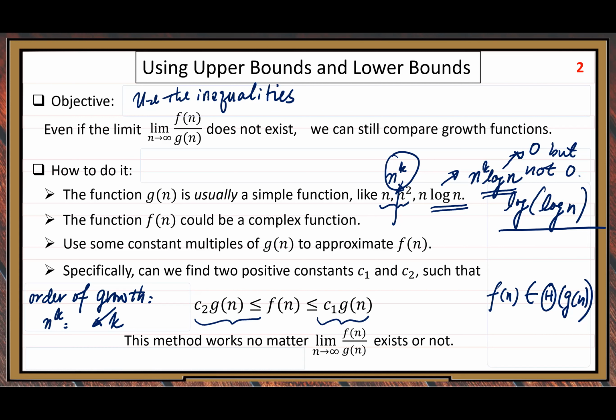I will assign you some questions related to the log function, and at that time I will talk about the order of growth of the log function.